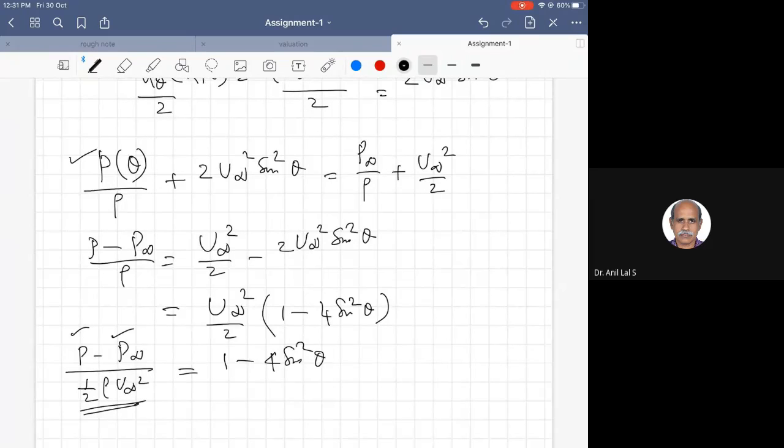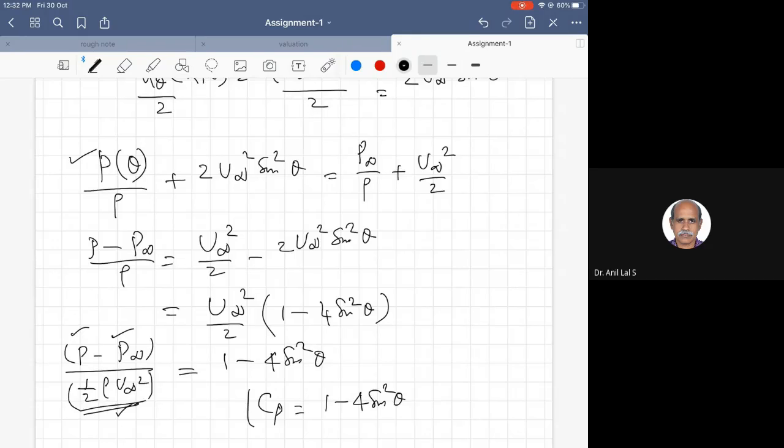This is the inflow kinetic energy per unit volume, and the unit of P minus P infinity is also the same. So you will get a dimensionless quantity, which is called the coefficient of pressure. Cp is equal to 1 minus 4 sin squared theta.